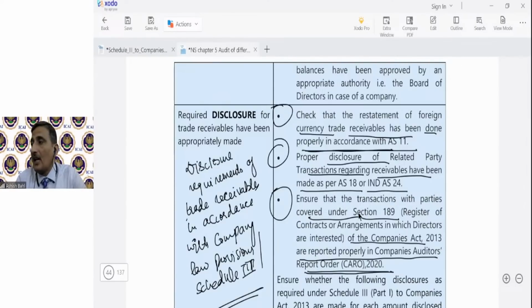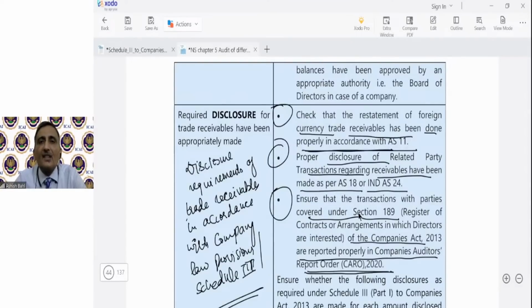Yes, Jalaj Bihani, occurrence is an assertion, but this term occurrence is used normally in respect of transactions. Say when a sales transaction happens, when a sales transaction takes place, we say it has occurred.